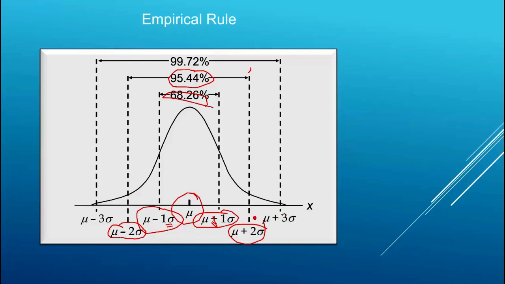And finally, if I move 3 standard deviations to the right and 3 standard deviations to the left, and I look at the frequency of the data, 99.72% of the values will lie between plus or minus 3 standard deviations of the mean. The empirical rule is very useful for thinking about the normal and standard normal distribution, which we will cover in more detail 2 or 3 chapters from now when we talk about continuous probability distributions.